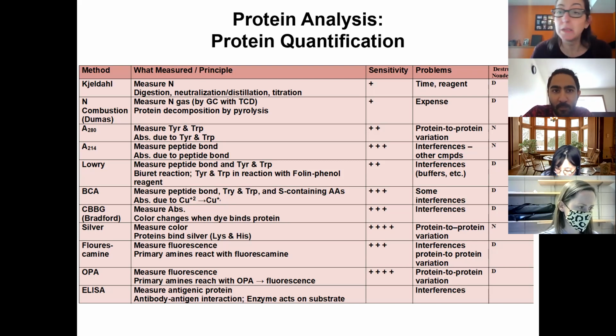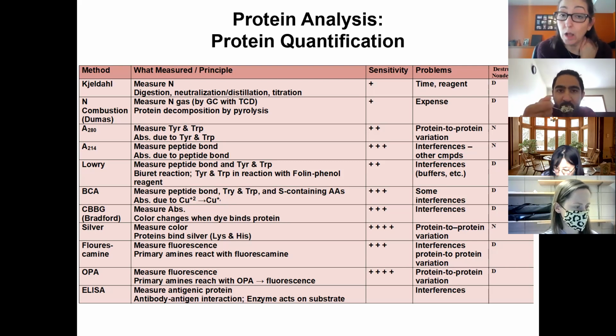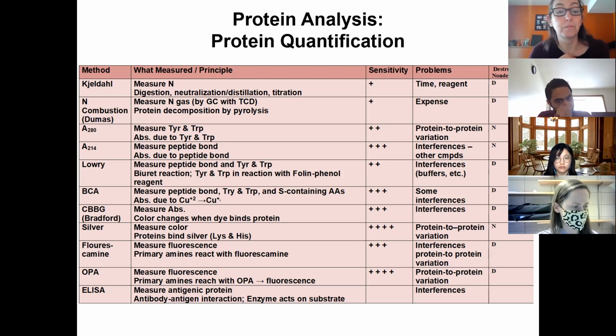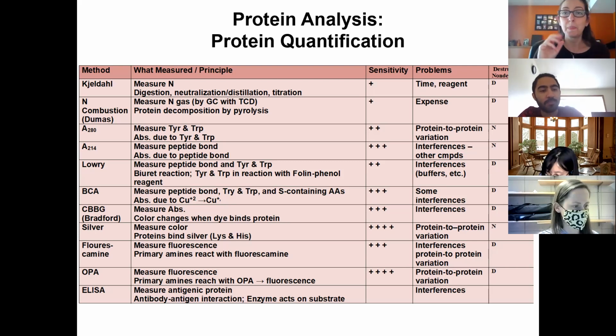Lowry and BCA, both are based on the reduction power. BCA is more common. We use it a lot in our lab. There are interferences. So for example, if you know that you have reducing sugars in your isolate, or any reducing agent other than the proteins, you would potentially overestimate.